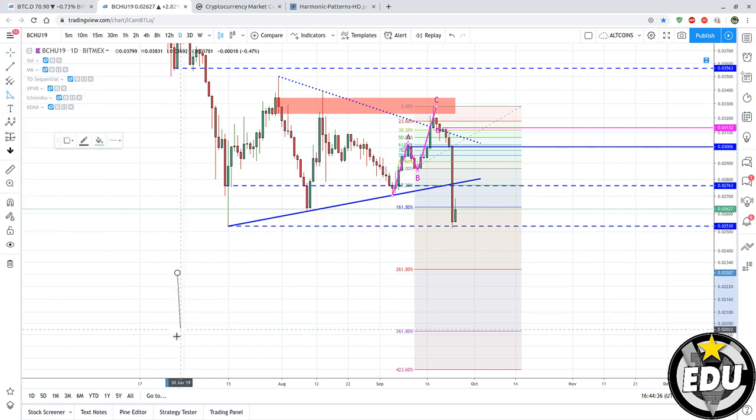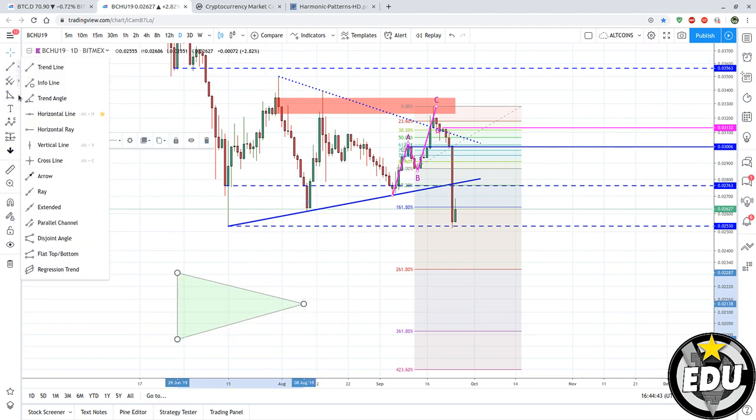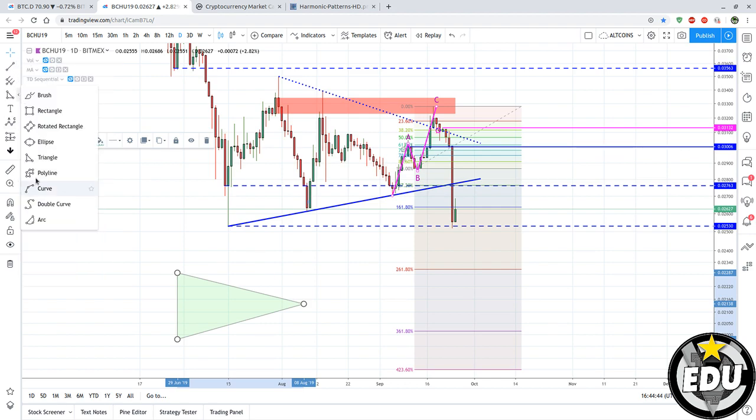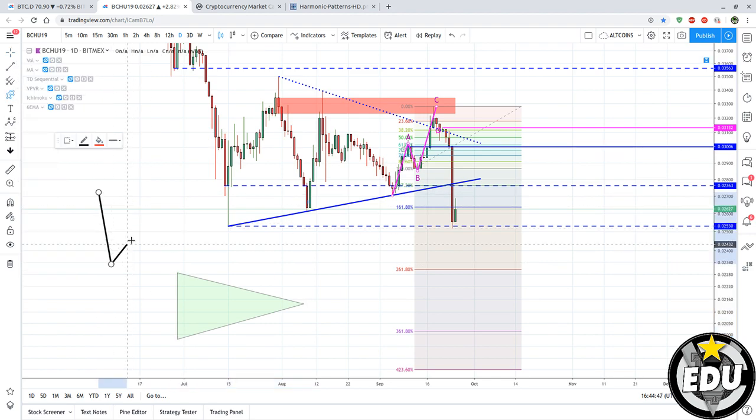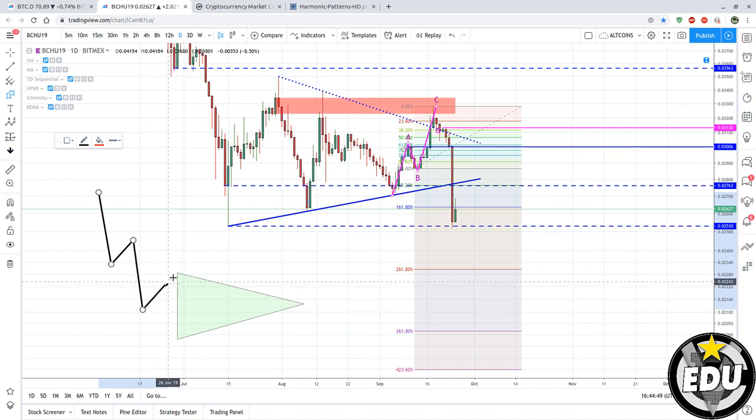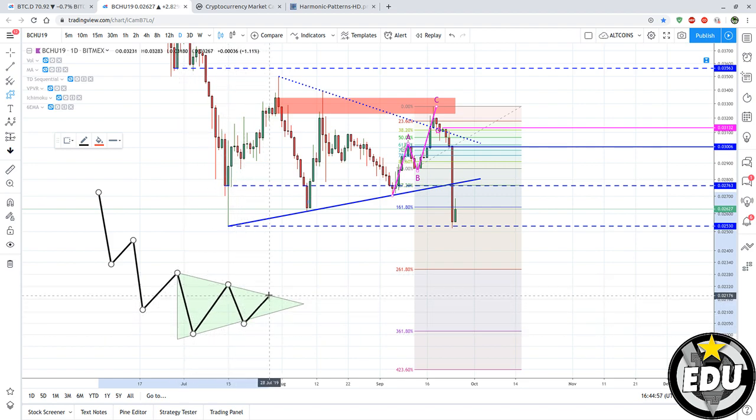There is a symmetrical triangle. It's so rare that, let's say it's coming from a downtrend, whatever. So it does this, and then it does this. I will never see such perfection and then a continuation.